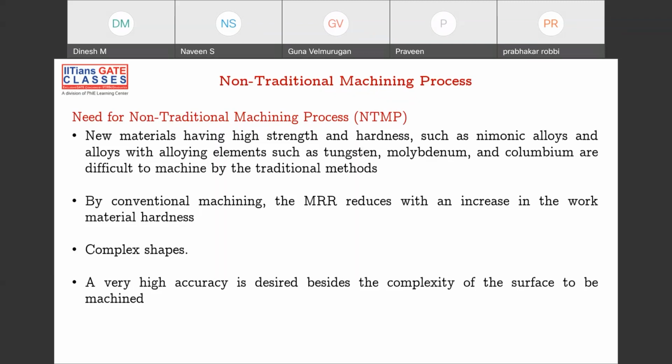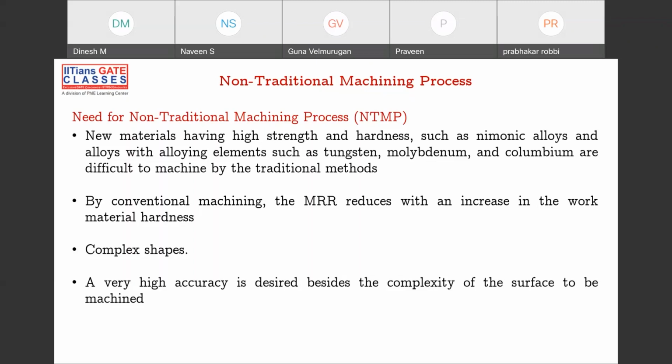One, in traditional manufacturing, we have seen that there is a contact between tool and workpiece, isn't it? There has to be a physical contact between workpiece and tool, right? Be it milling, drilling, grinding, whatever machining process you're trying to do, you have to machine by using a harder tool, and that tool will be in contact with the workpiece.